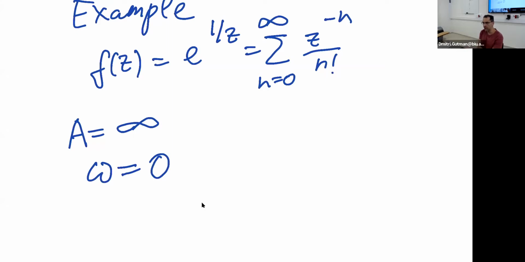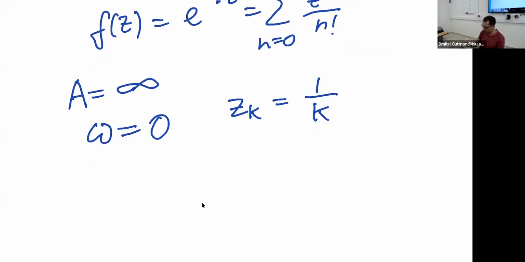So I need to construct an infinite set of points that approach the origin. So let me take zk to be 1 over k. So clearly as k increases, I'm coming to 0 on the real axis.